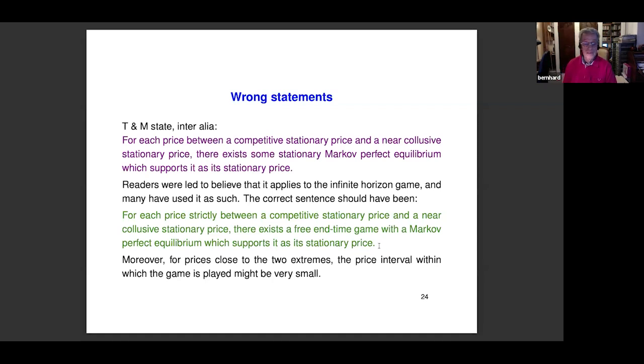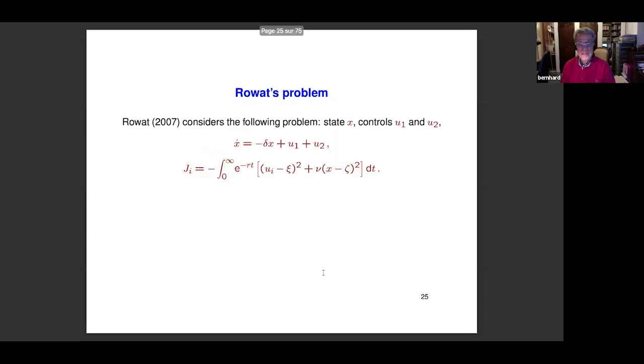It's not all the same game. Moreover, if you take a price very close to one of the ends of the interval, the price interval within which the game is played may be very small. So that's what was the situation when I got interested in this.